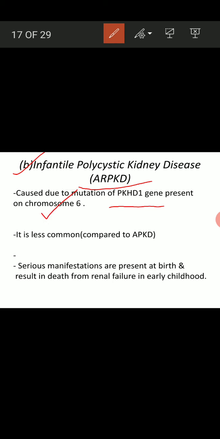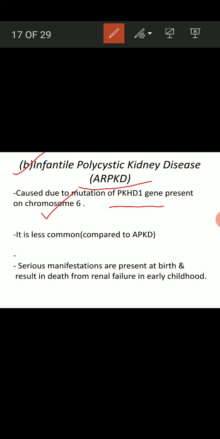It is less common compared to adult polycystic kidney disease and is always bilateral. Serious manifestations are present at birth and result in death from renal failure in early childhood.